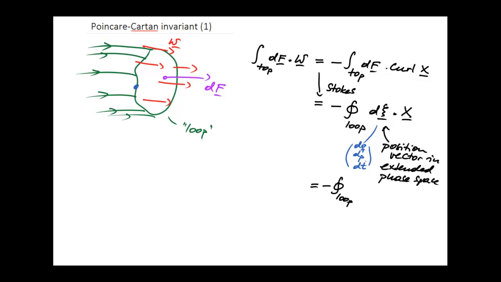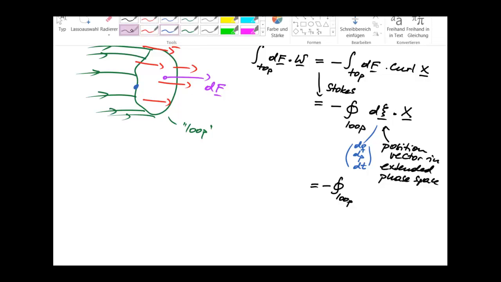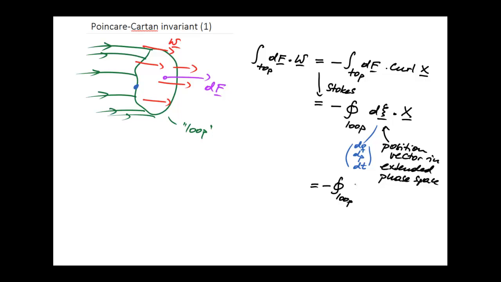And we take the scalar product with the vector X, and the vector X had the components p, 0, and minus the Hamilton function, minus h. So that scalar product gives us p dq minus h dt. So here we have an expression for the flux through the top of this vector field W.